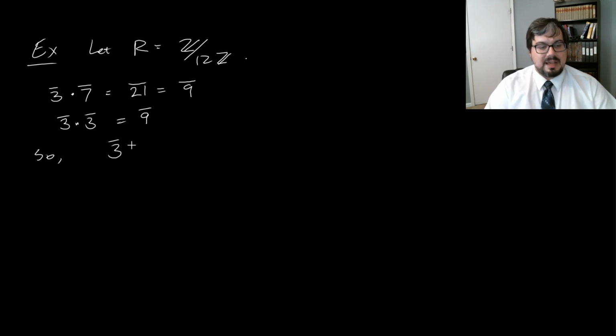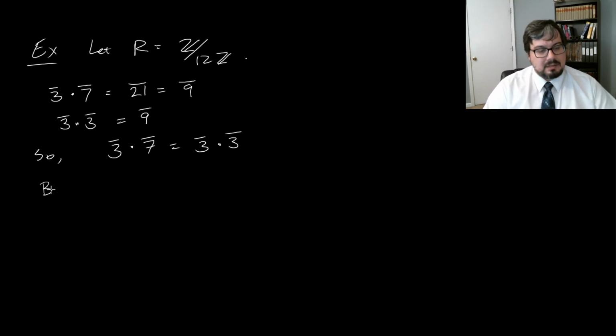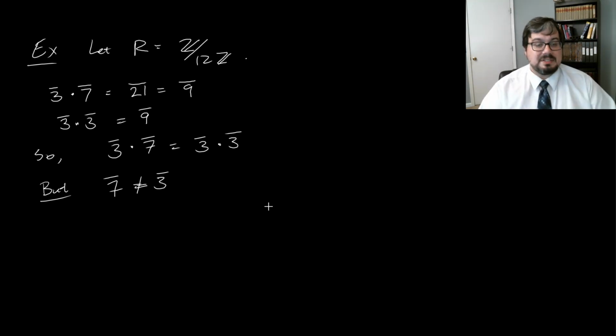So that means that we have 3 bar times 7 bar is equal to 3 bar times 3 bar. And so we have these two products being equal. They're both equal to the equivalence class of 9. But 7 bar does not equal 3 bar. Those are just two different elements of the ring.